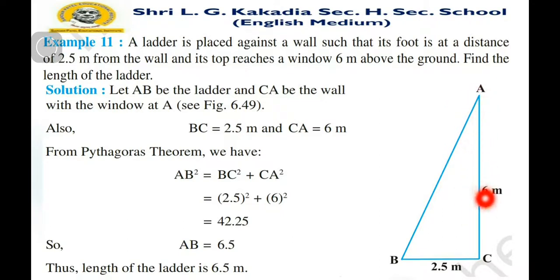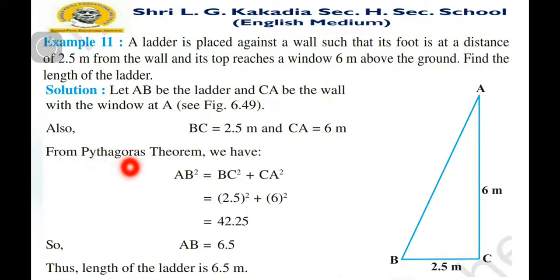We know that the wall is perpendicular to the base, so it is a right triangle, and we can use the Pythagoras theorem. So let AB be the ladder and CA be the wall with the window at A. Also BC is equal to 2.5 meters and CA is equal to 6 meters.